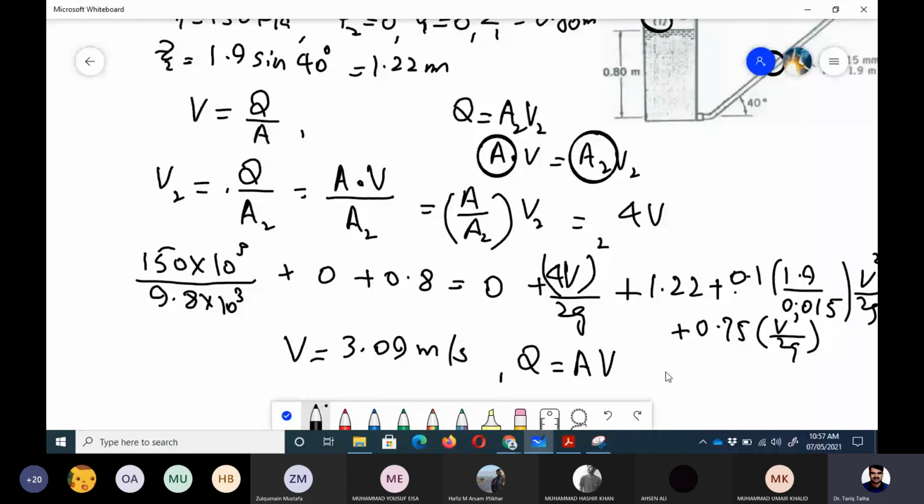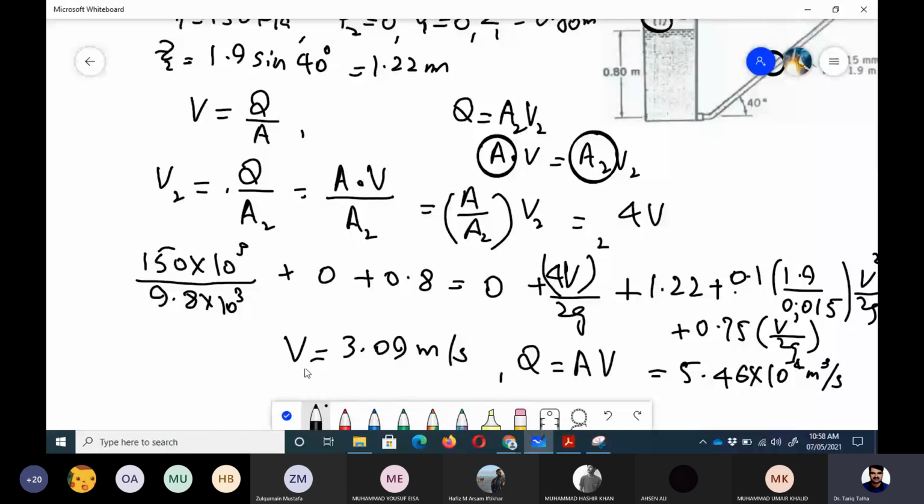If we do that and put in the values, it would be equal to 5.46 into 10 to power minus 4 meter cube per second.